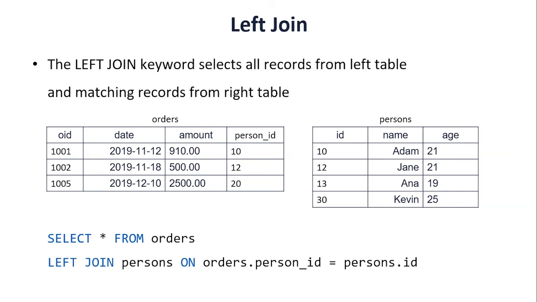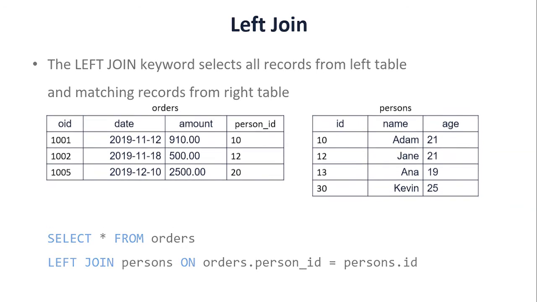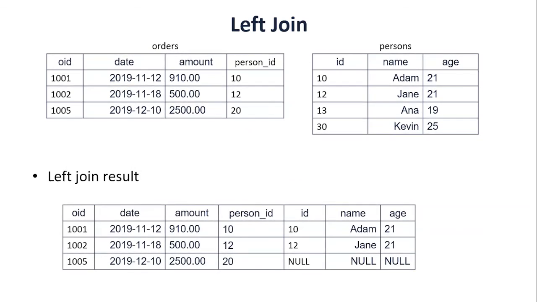And let's see the left join. Again, very much similar: select all from orders. So this is the left table, left join persons. So this is the right table again, same condition. In this case, what should happen is all the rows from the left table would be included in the result here.